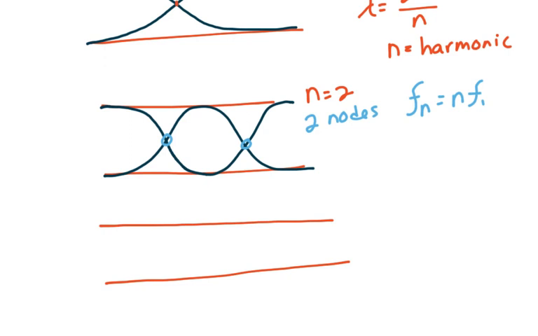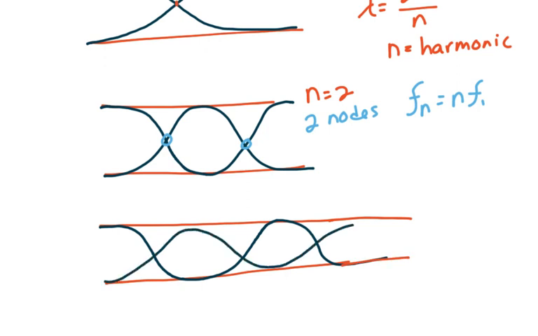So if I wanted a third harmonic, I'm going to get half of a crest, a full trough, half of a crest, and then half of a trough. Let me make my column a little longer because I overshot that a bit. And the same thing here. Now you can see I have 1, 2, 3 nodes. So this is the third harmonic.